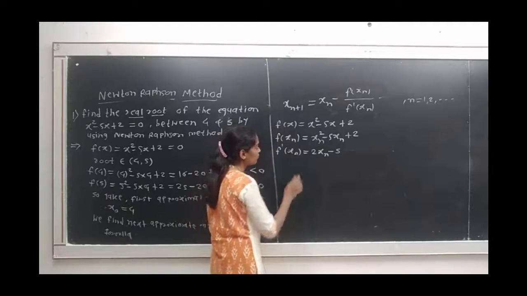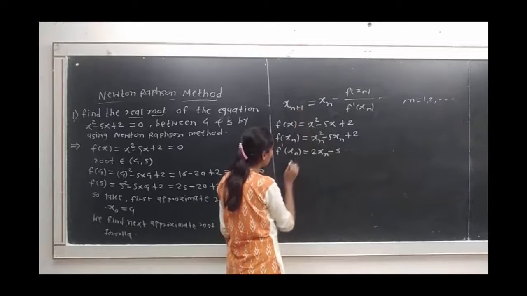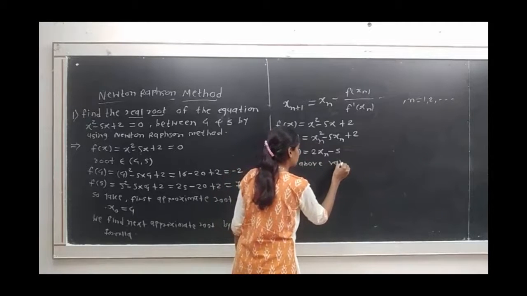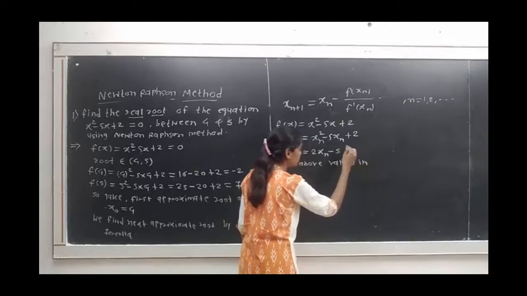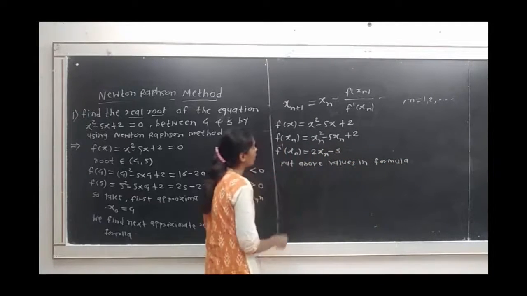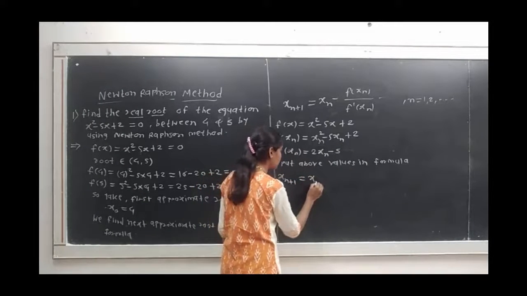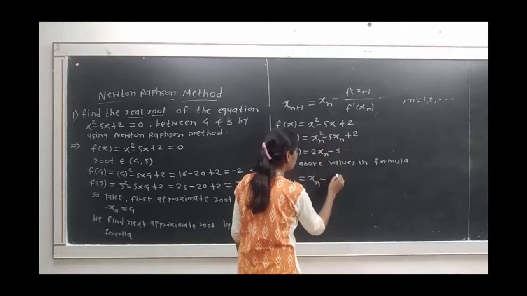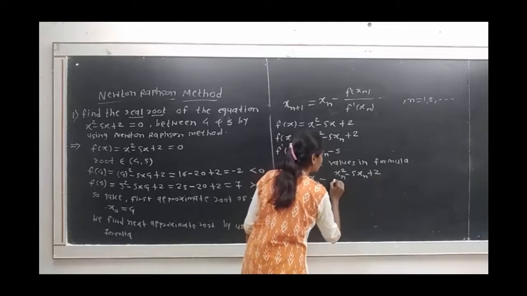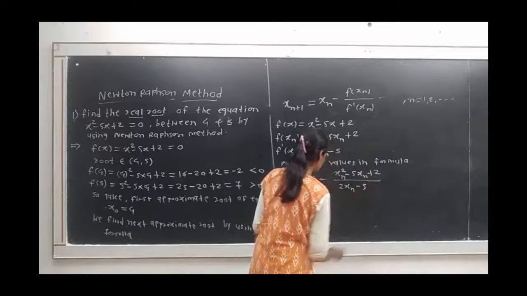Then we put these values of f of xn and f dash of xn in the Newton-Raphson formula. We get xn plus 1 is equal to xn minus f of xn, which is xn square minus 5xn plus 2, divided by f dash of xn, which is 2xn minus 5.